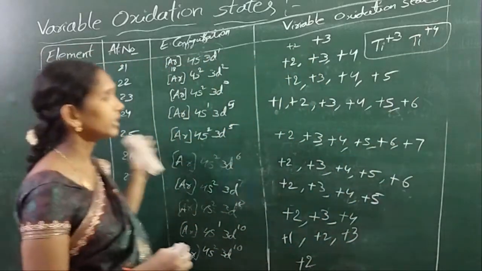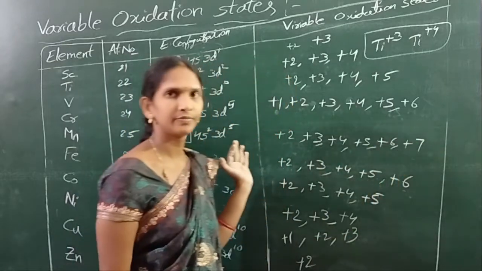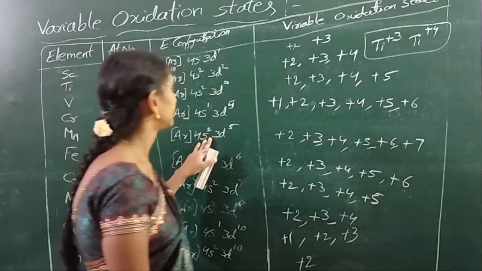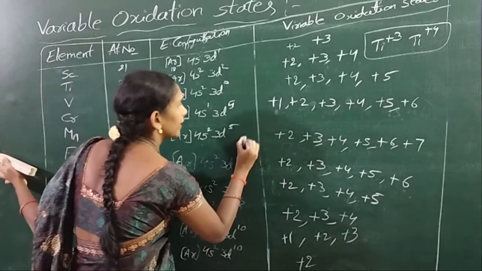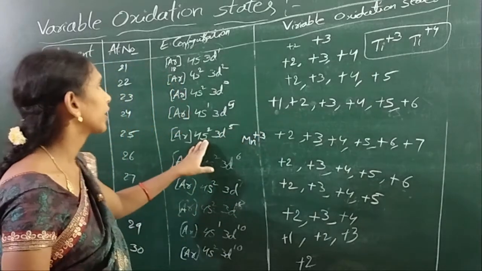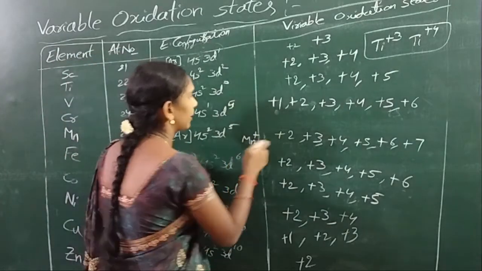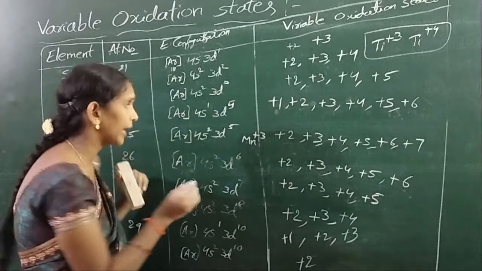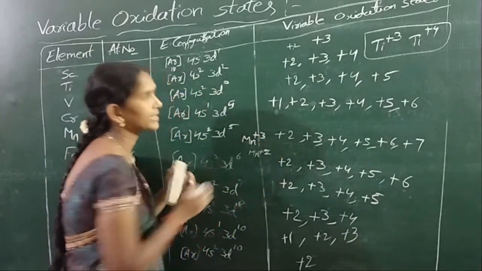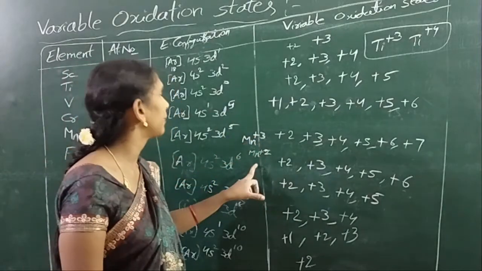Next, in manganese, the variable oxidation states are all. Okay, in this case, Mn+3 is less stable than Mn+2.